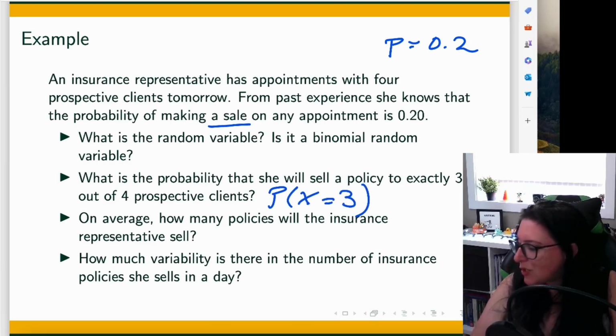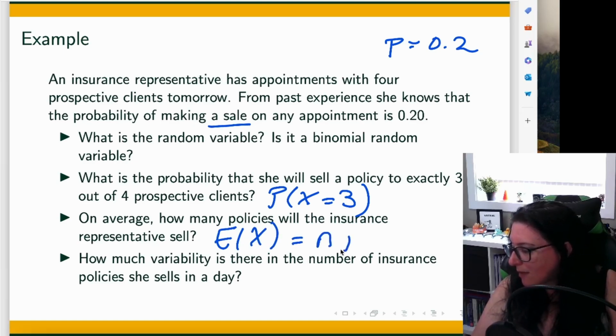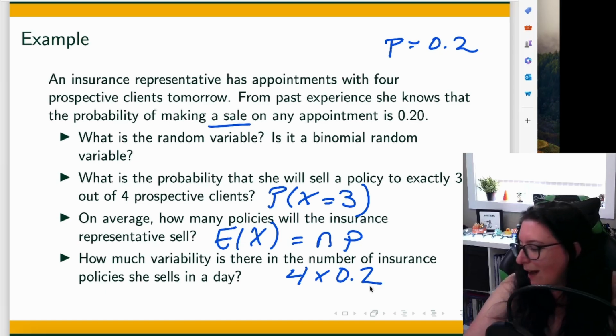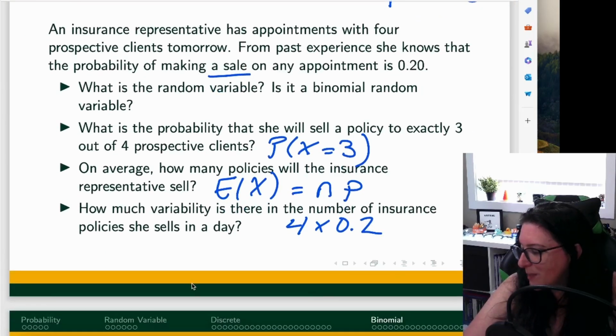On average, how many expected policies will the insurance representative sell? That's going to be n times p, so with 4 prospective clients and a probability of 20%, 4 times 0.2 gives us the expected value. How much variability is there?